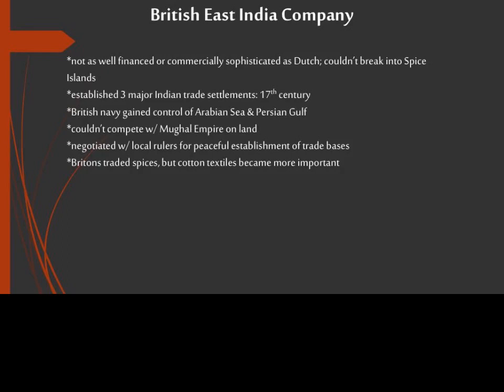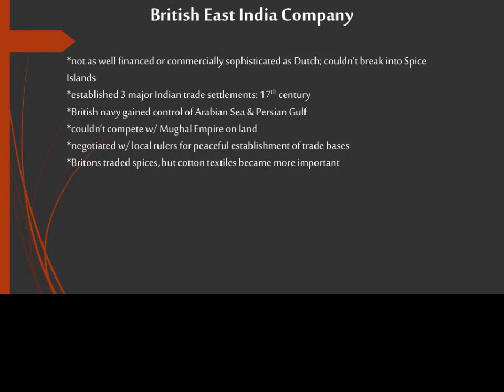Because the Dutch were not only able to take away the spice trade from the Portuguese, but they kept the British out of it. And that forced them to focus their activities on India. The British were faced with the powerful Mughal Empire. They worked with the Mughals and established trading posts at Bombay and Calcutta and Madras, and the British merchants imported cotton textiles for their home economy.